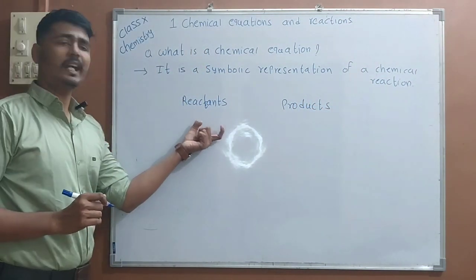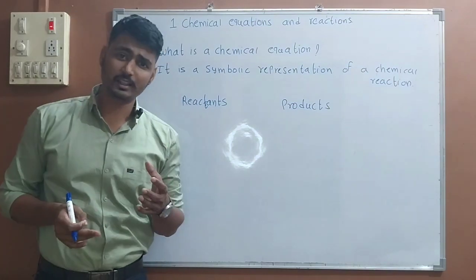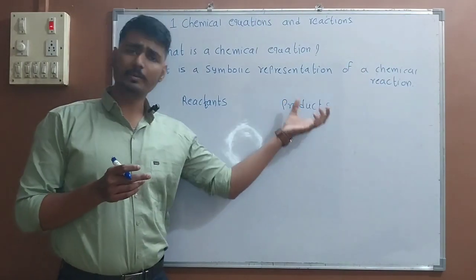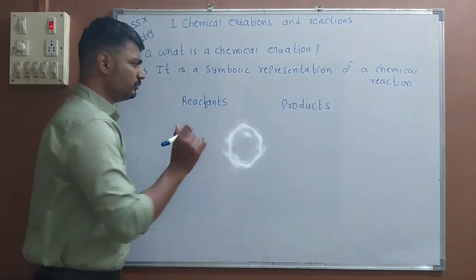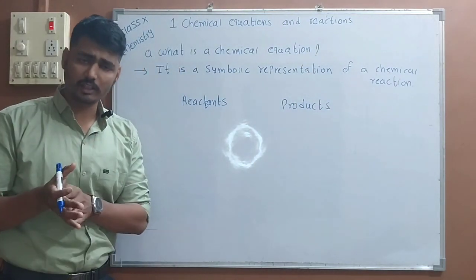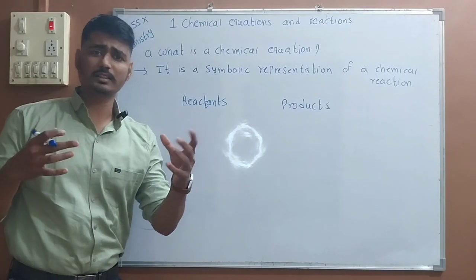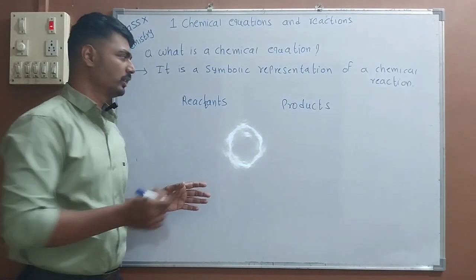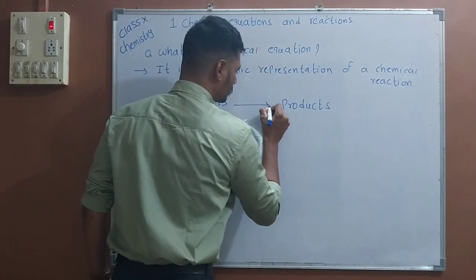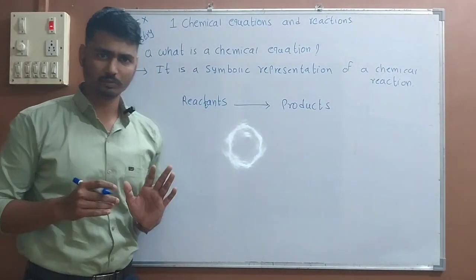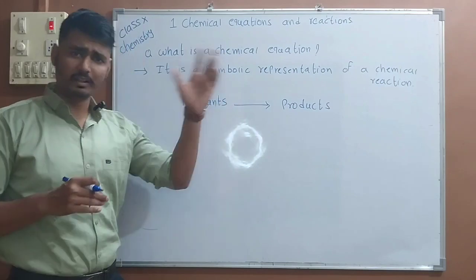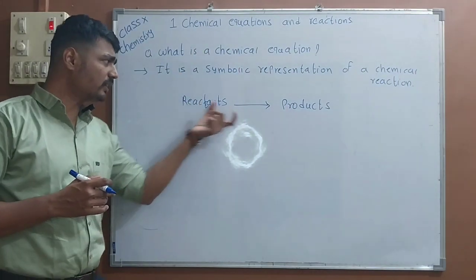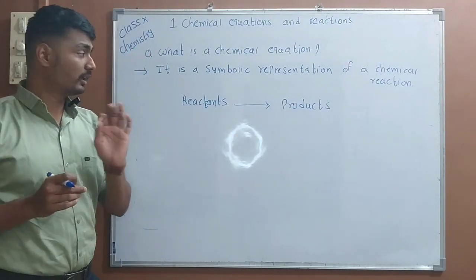There may be one reactant or two reactants, and one product, two products, etc. When reactants react with each other, or one reactant reacts under different conditions, it forms a product. This is the direction of a reaction. There are many directions, reversible and irreversible reactions, but we are going to learn that further. So reactants give products.